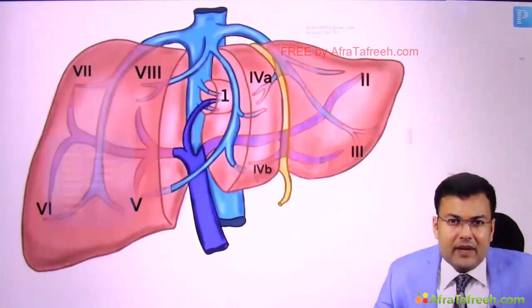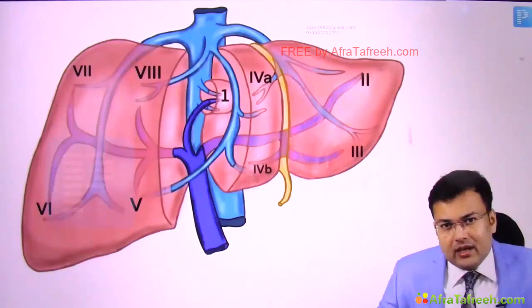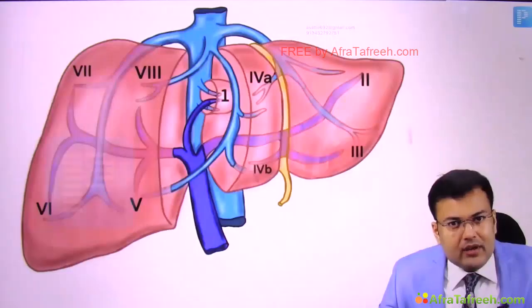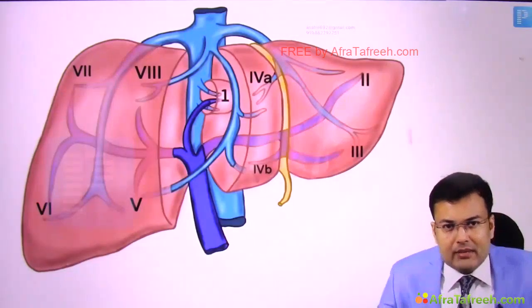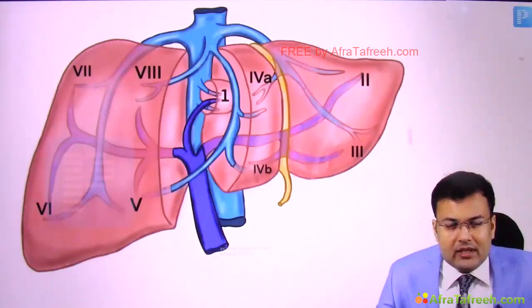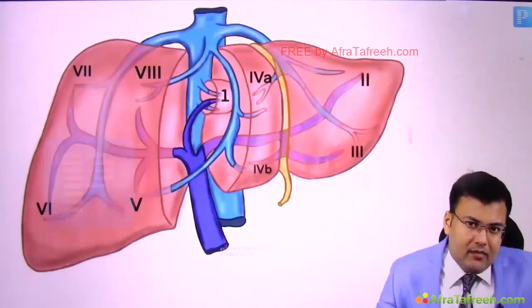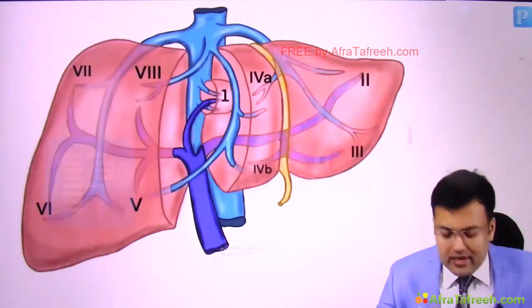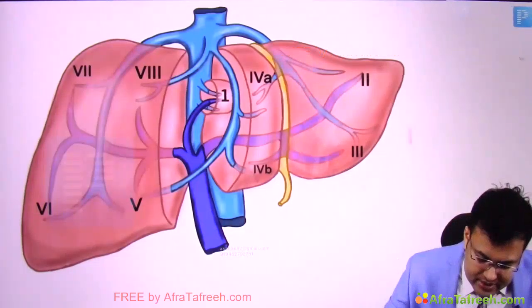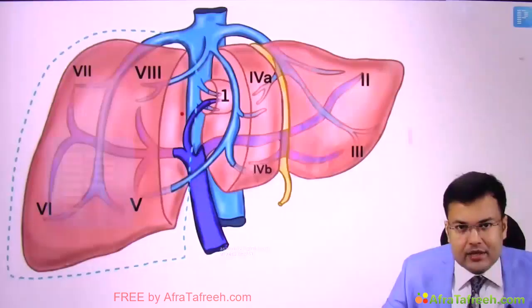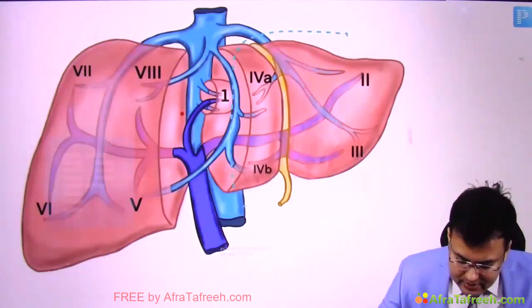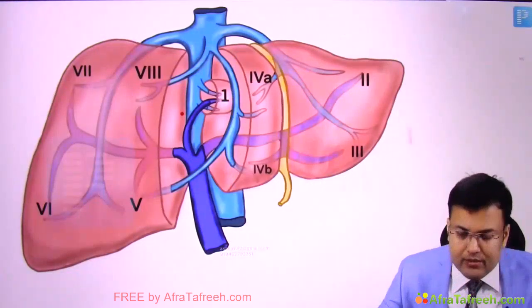The other name of extended hepatectomy is also known as trisegmentectomy. See, the term trisegmentectomy appears like, in this procedure we are going to remove 3 segments, but it is actually misnomer. The name is trisegmentectomy, but we are going to remove 3 sectors, right? So here in the picture you can see that this is the right hemihepatectomy, this is the left hemihepatectomy.